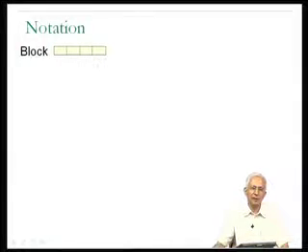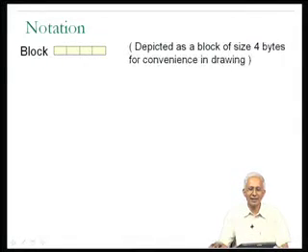In this particular notation, the suggestion is that the size of a block is 4 bytes, but that is just for convenience in drawing. I am not suggesting that 4 is a typical block size in real caches. We will talk about block size a little later, but for the moment I am using this notation so that I can draw these diagrams more quickly. We will use this kind of box with 4 components to represent a block, just for ease of drawing.